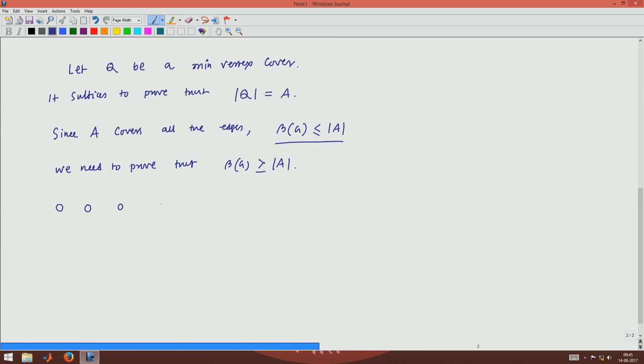So, let me just draw a bipartite graph. So, Q is the minimum vertex cover.